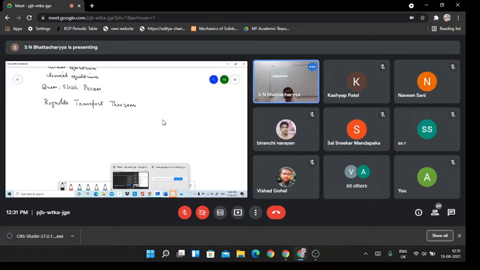I mention this name because the syllabus specifically mentions that Reynolds transport theorem has to be covered. But if you look up the books on thermodynamics, none of them mention something called the Reynolds transport theorem.